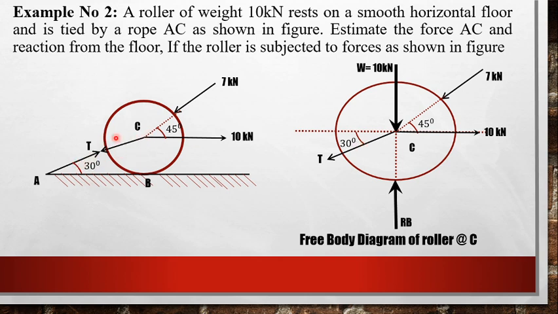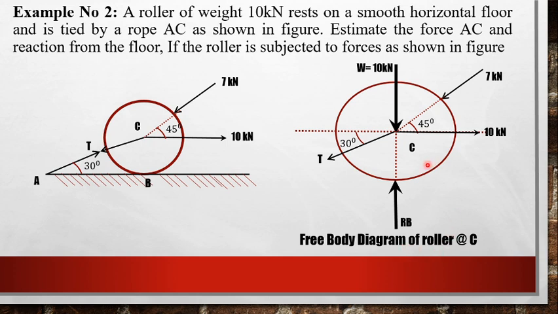So obviously the opposite angle here will be 30 as well. Next, the 10 kilonewton force horizontal will be acting as it is, and the 7 kilonewton inclined force making an angle of 45 degrees will act as it is. Now we have a contact point at the horizontal floor and the roller. So this is creating a reaction Rb. So this is how the free body diagram of roller at C has been drawn.